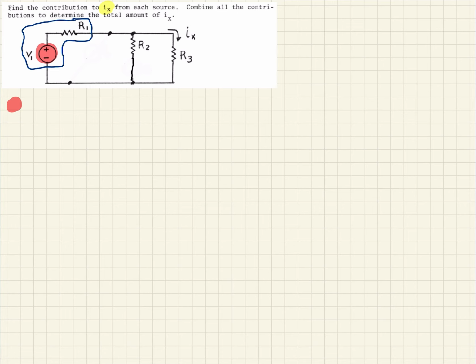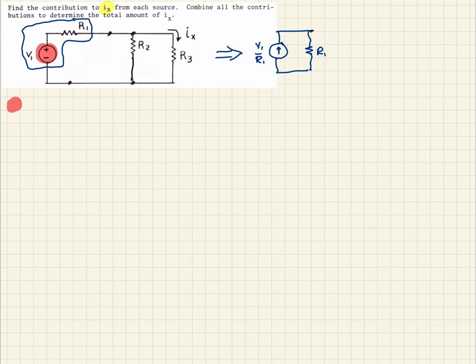So when we look at this, one thing we notice is we have this V1 in series with this R1. So we can do a source transformation here that will simplify things for us a little bit. So we'll replace that voltage source and resistor with a current source here. Remember, when we do a source transformation, we put it in parallel with the resistor R1, and the value of our current source is V1 over R1.